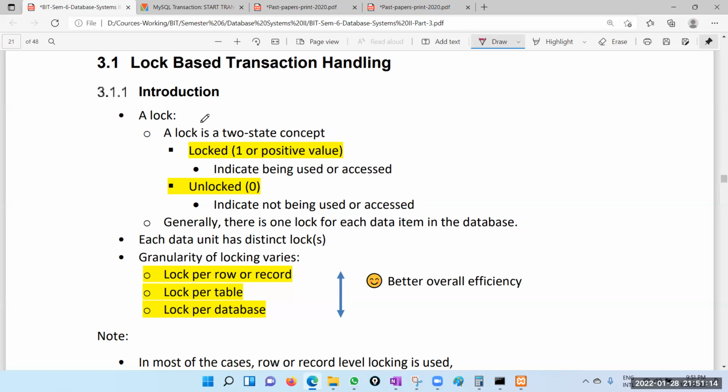So when it comes to log-based transaction handling, so there are two types of logs. Right. Shared logs and exclusive logs. Okay. Logs වර්ග දෙකක් තියෙනවා. Exclusive logs. Other type is shared logs.